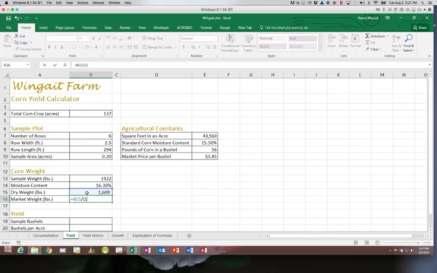So we want 1 minus E8, that standard corn moisture content. Close our parentheses there, and now that gives us the market weight.